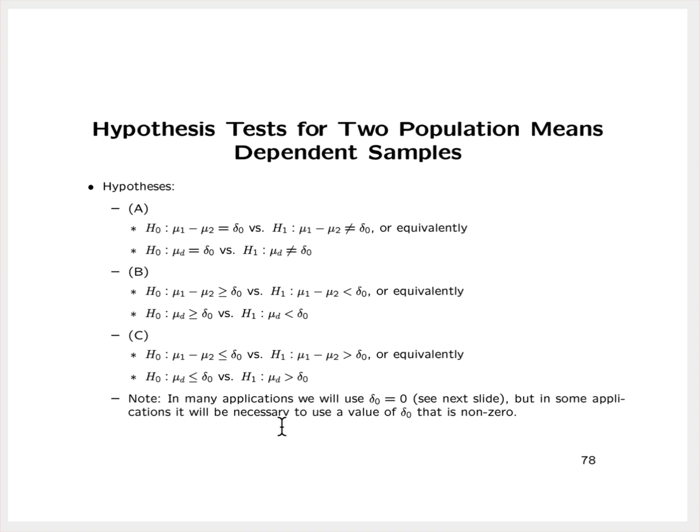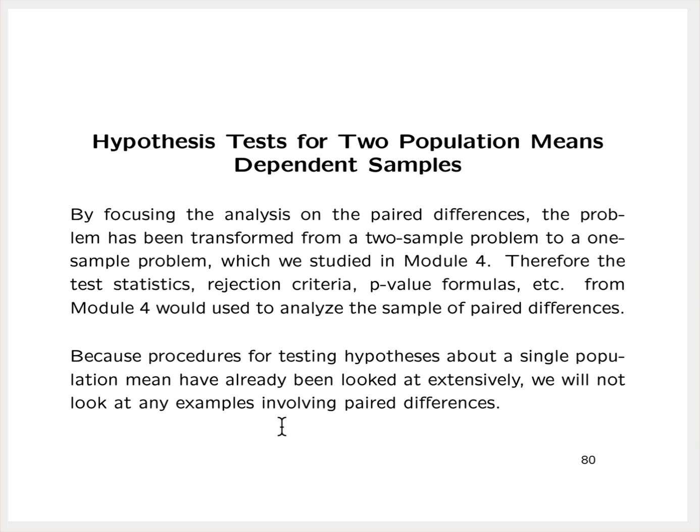And so we could use all those procedures from the section on the one-sample t-test to analyze a paired data set or paired samples, and to make inferences that allow us to compare the two population means. So we're not going to get into any more examples of that because we've already seen some examples.